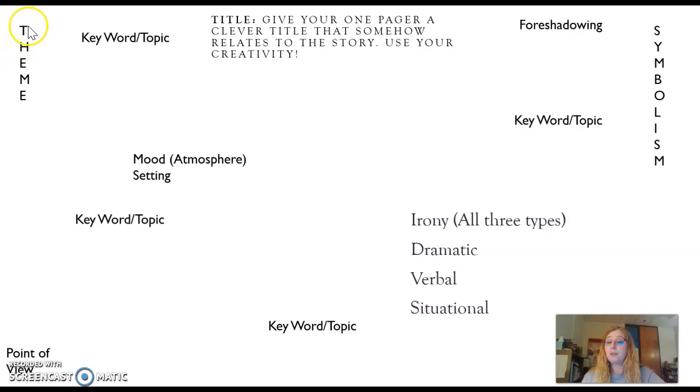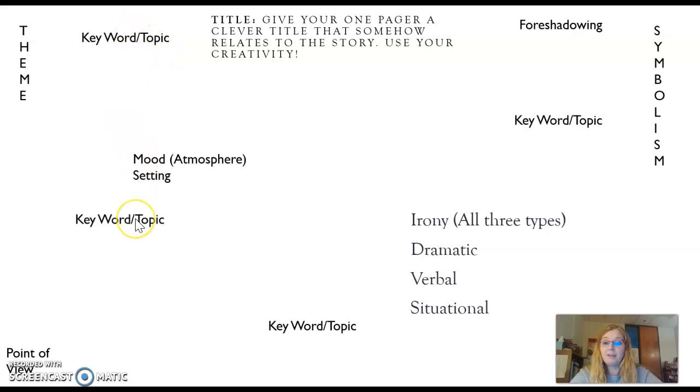So if you'll notice, we have theme is incorporated. So here you would put your theme statement, and you would have your quote and then an image to convey the theme. Here's a keyword or topic, another keyword or topic, and another keyword or topic, and another one over here. So if we're thinking about The Most Dangerous Game, a keyword or topic could definitely be hunting.